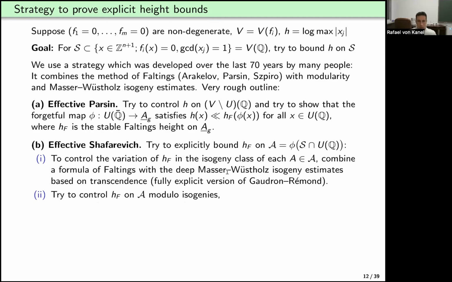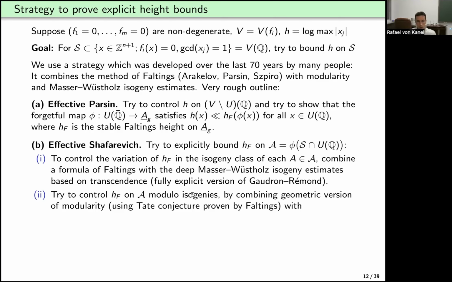With this first step, one is reduced to controlling this stable Faltings height on the set A, but only modulo isogeny, so we can move around in an isogeny class. We have to construct in each isogeny class abelian varieties with bounded heights. For this, we can combine the geometric version of modularity, which usually uses the Tate conjecture proven by Faltings, with some average Kolmogorov formula for abelian varieties with CM.